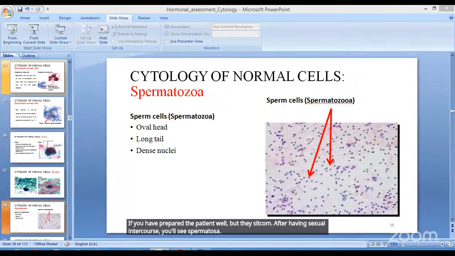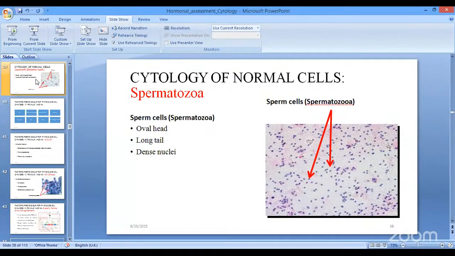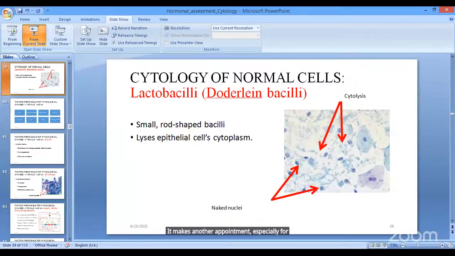And that will make the investigation null and void. So you have to fix another appointment, especially for hormonal assessment.